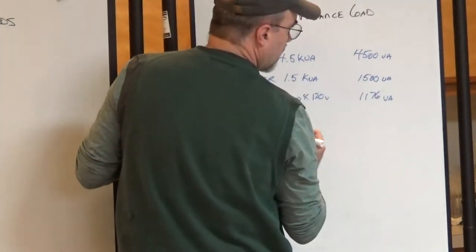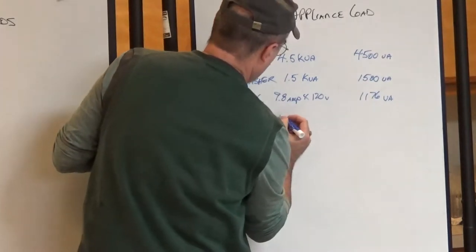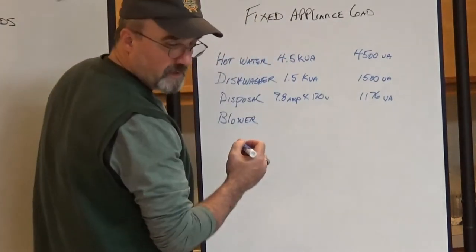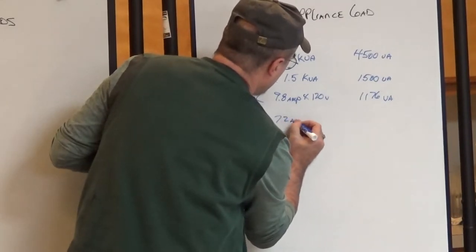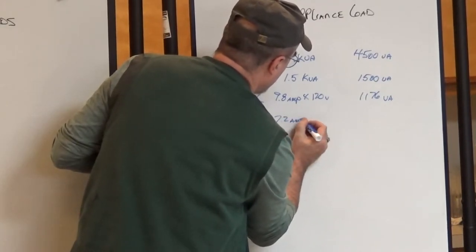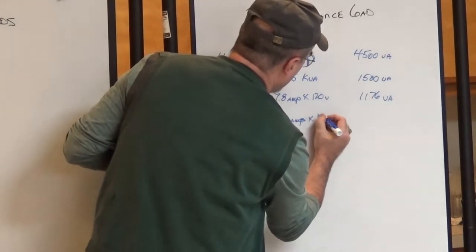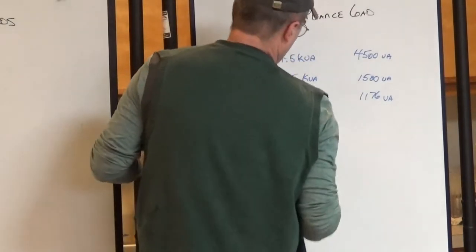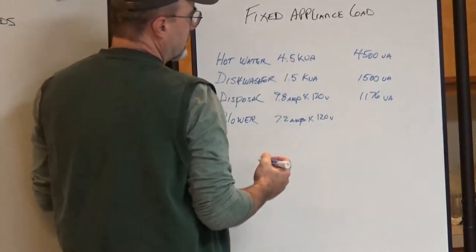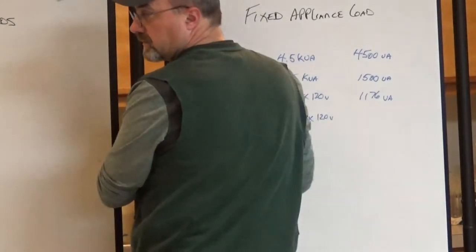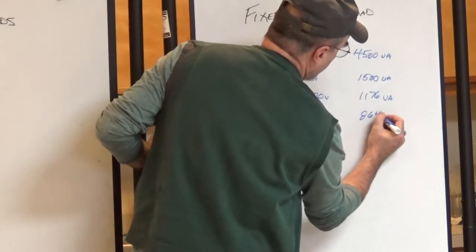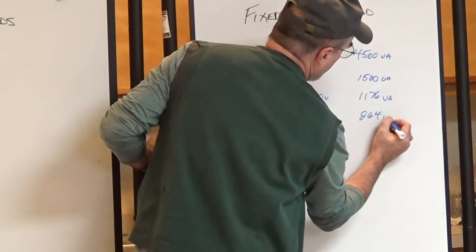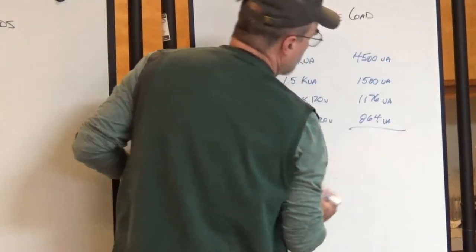Okay, 7.2? Yeah. And what's the VA on that? 864. 864 VA. Okay.